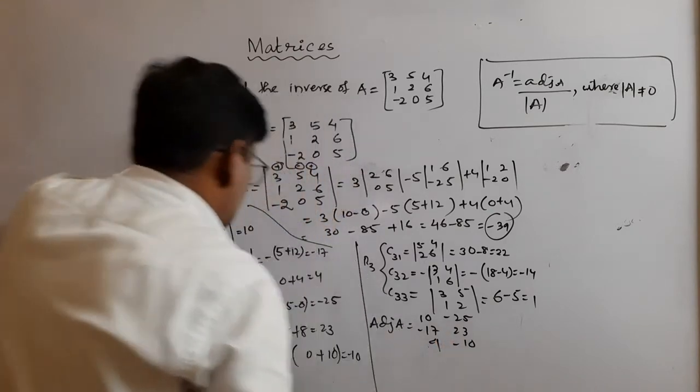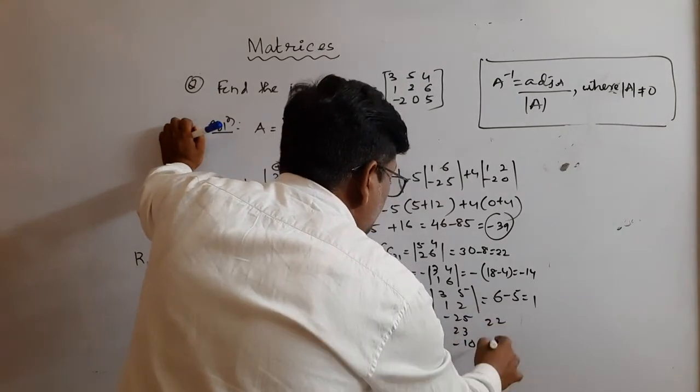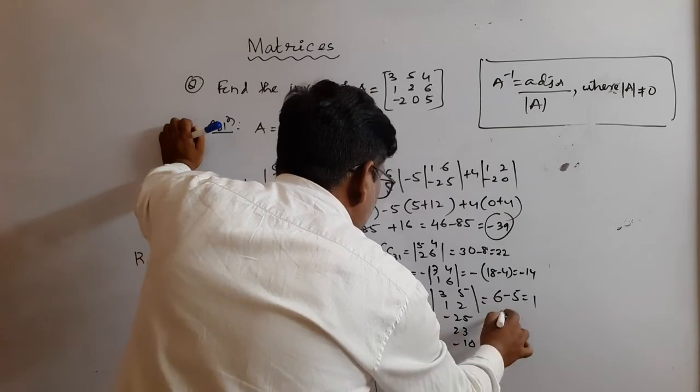And column 3: 22, minus 14, and 1. This is adjoint A.